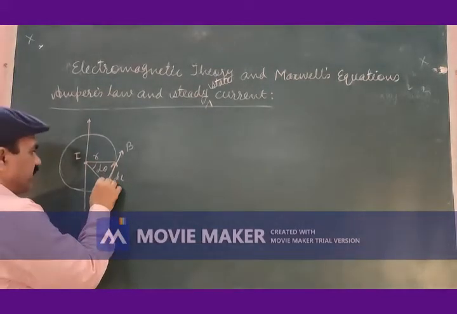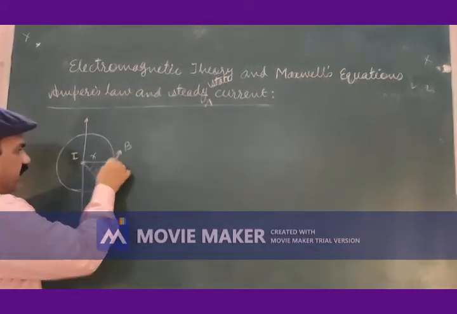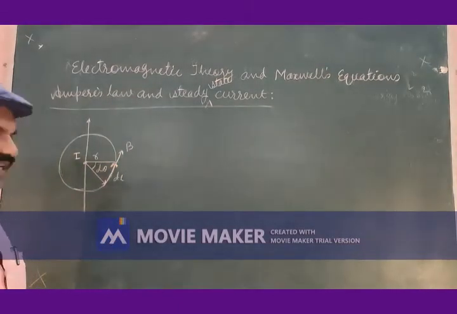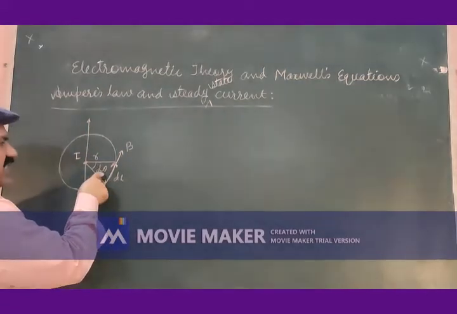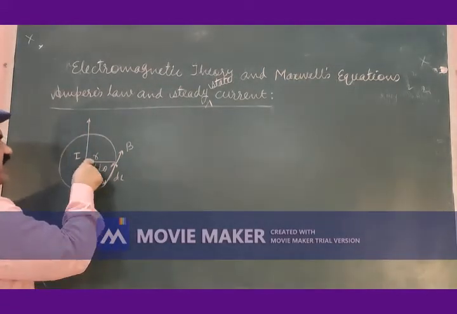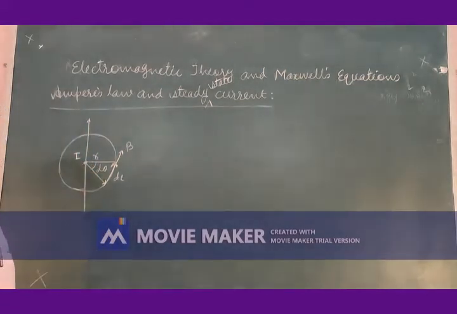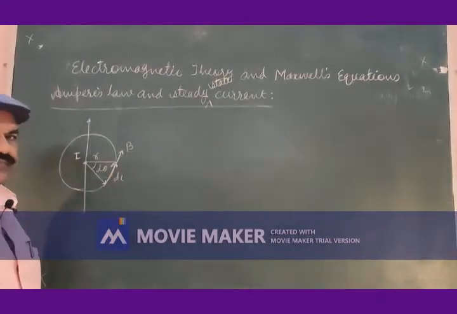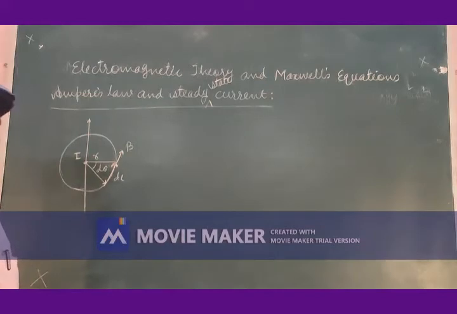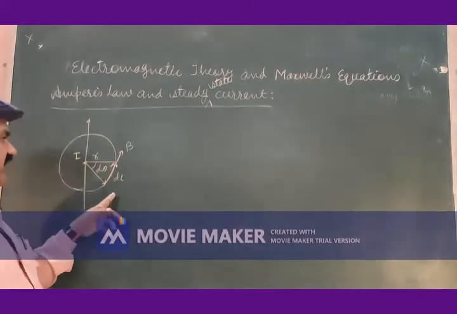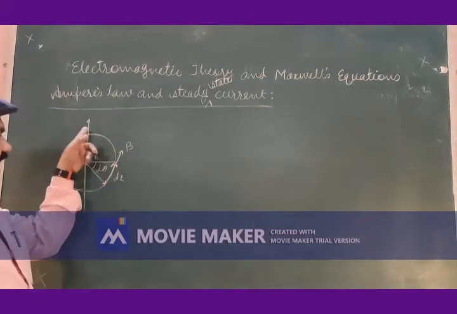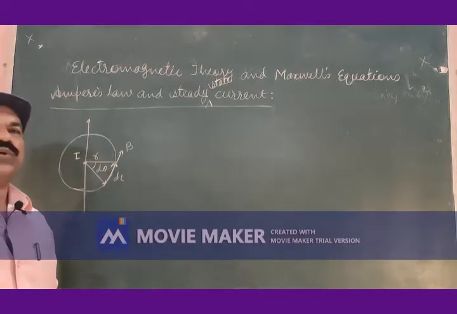If I consider two radii corresponding to this smallest possible arc dl, this dl subtends an angle d theta at the center. This B gives the direction of the magnetic induction. It is always tangential at every point of the closed path.